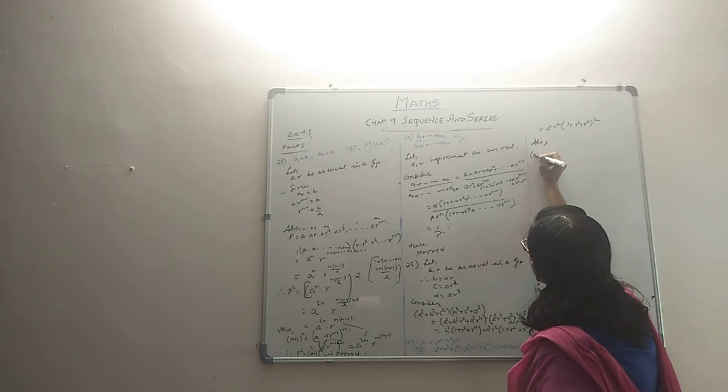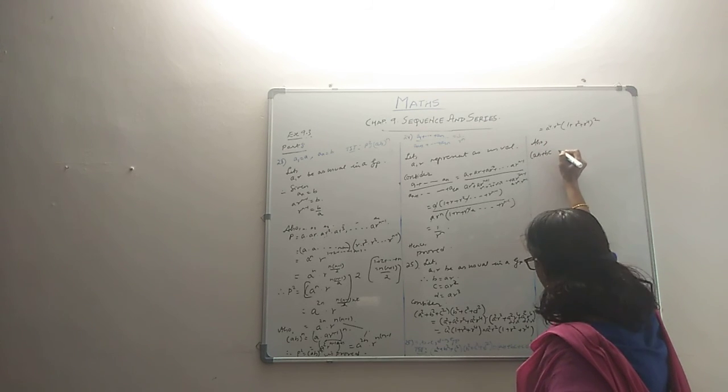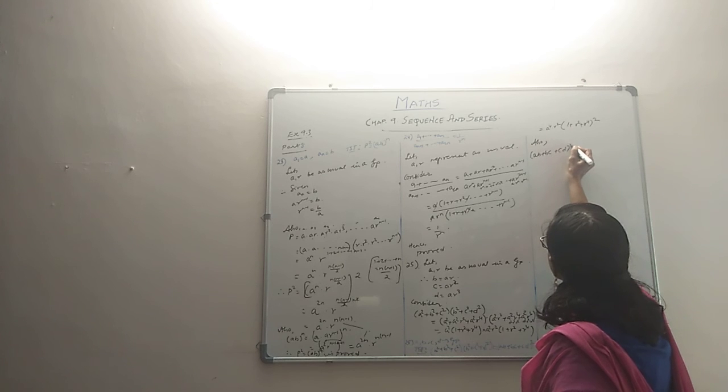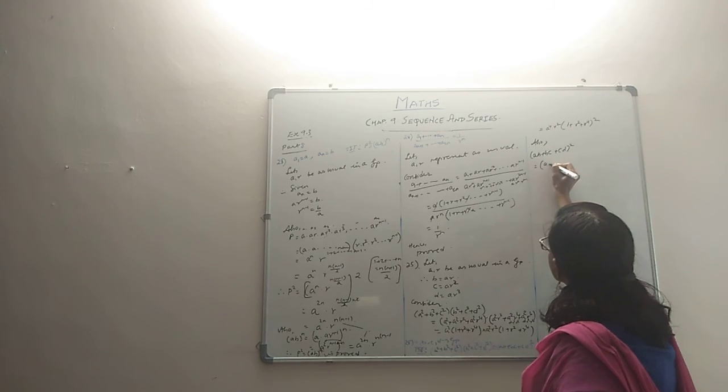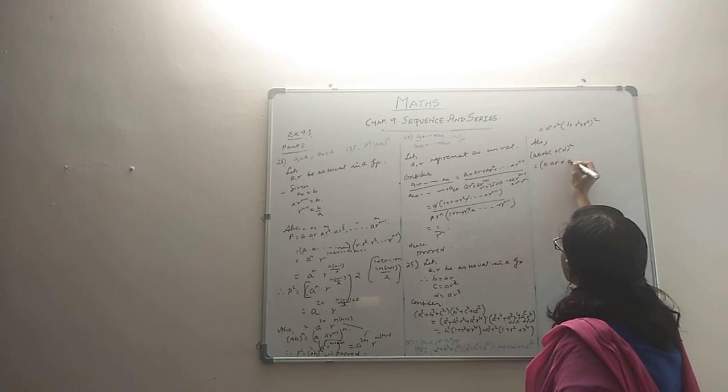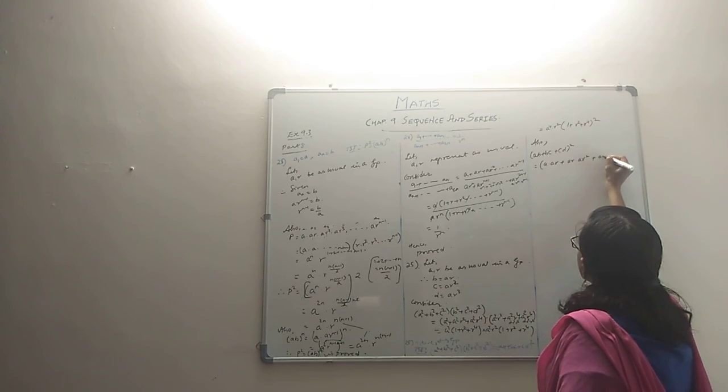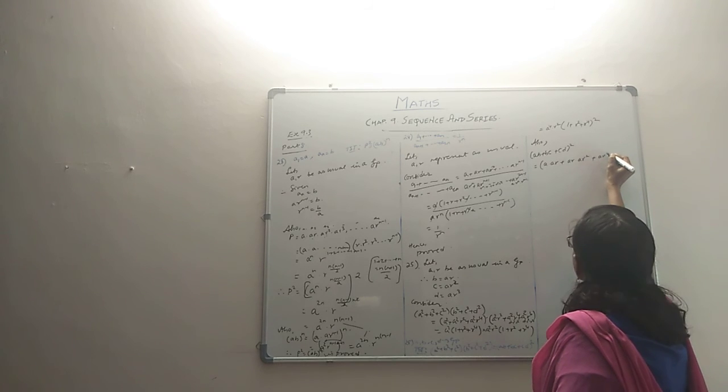Alright, let's look at this also. AB plus BC plus CD the whole square. Let's check what comes. A will stay as it is. This is ar. B is ar. C is ar squared. D is ar cubed. So let's check all this.